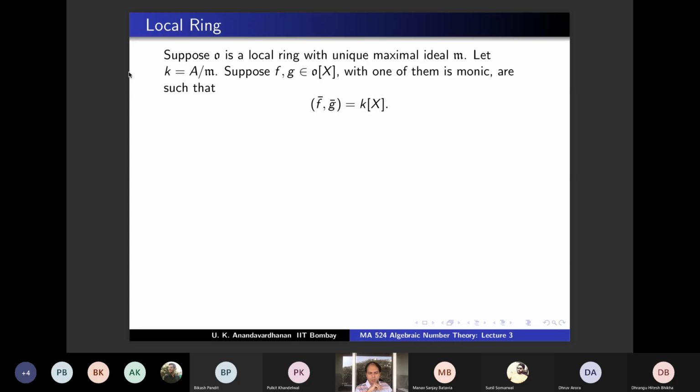Can someone tell me what could be the notation f bar? Just take the quotient of the coefficients. Yes, so reduction modulo m. K is O mod m, right? Reduction modulo m.